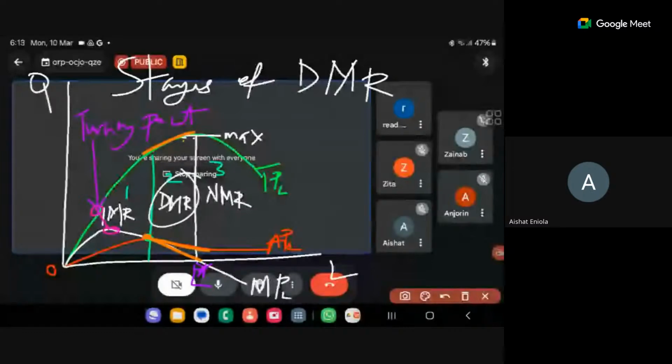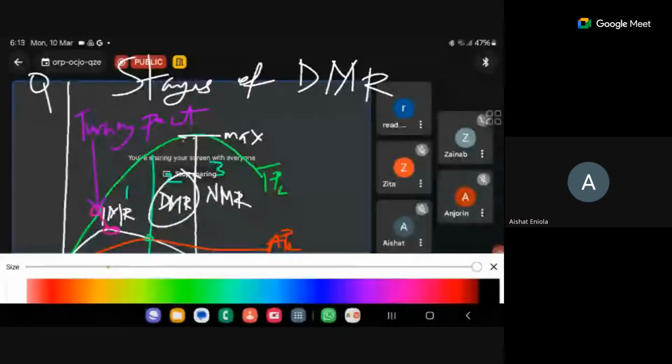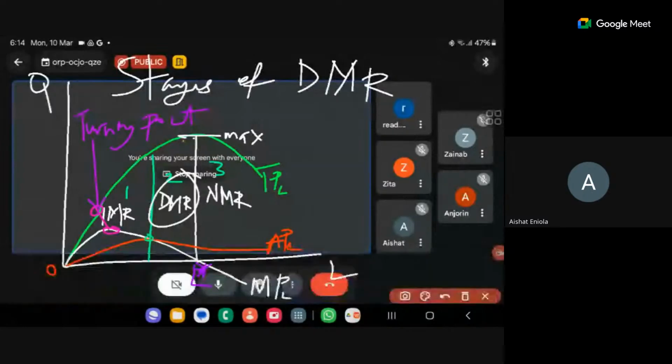By the end of the stage, marginal product is already zero. So in stage two, marginal product declines but remains positive.